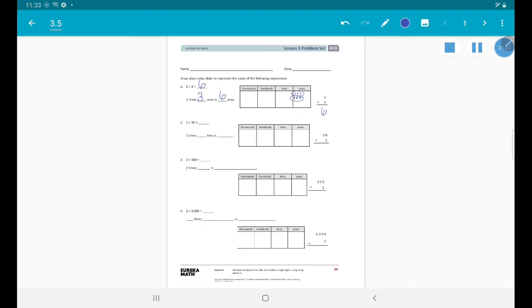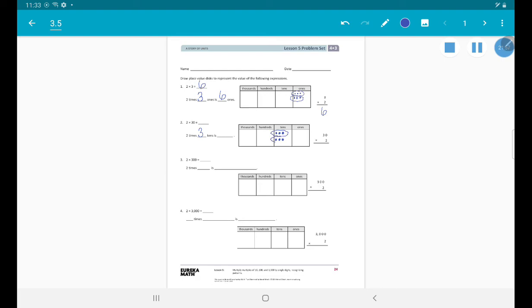Okay, next we have 2 times 30. We're going to rewrite that in unit form. So 2 times 3 tens is, let's draw it on our place value chart. I have 2 groups of 3 tens. There's a group of 3. Here's a group of 3.